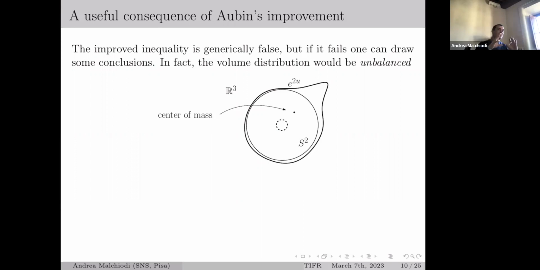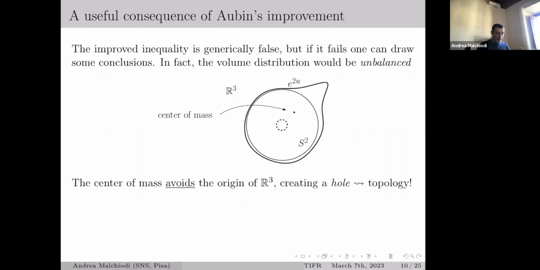So the center of mass is no longer at the origin, it must be somewhere else, and therefore the center of mass function is avoiding the origin of R3. And that's information, it tells you that there is a sort of hole in the image of this center of mass map. And once you create a hole, you're creating some topology. And the topology can be exploited via variational or Morse theoretical arguments to sometimes find existence of critical points.